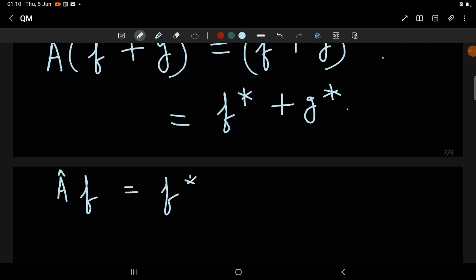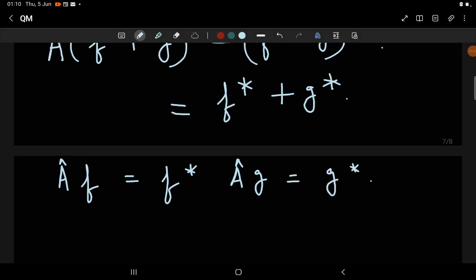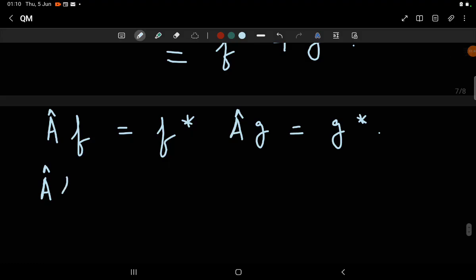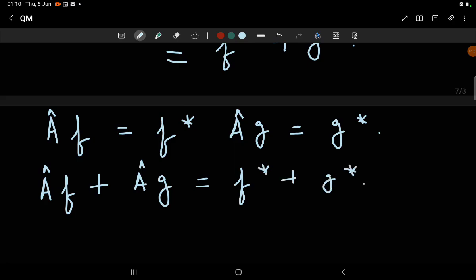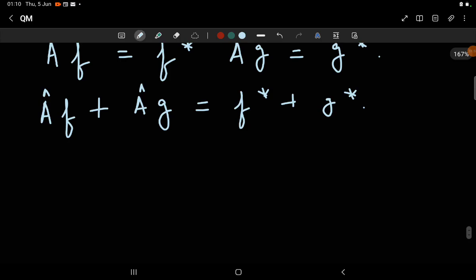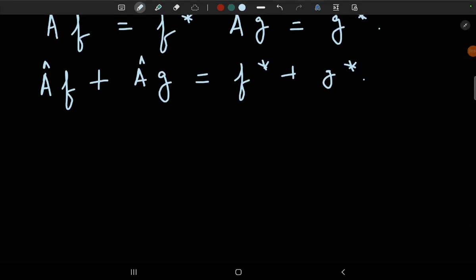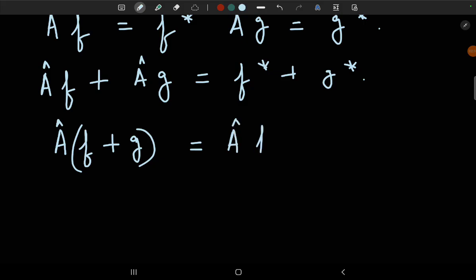It's obviously f star, and Ag is g star, so Af plus Ag turns out to be f star plus g star. And we have the simple relation that A acting on f plus g is equal to Af plus Ag. Both sides of the equation hold true and are equal, and thus the first condition holds true.